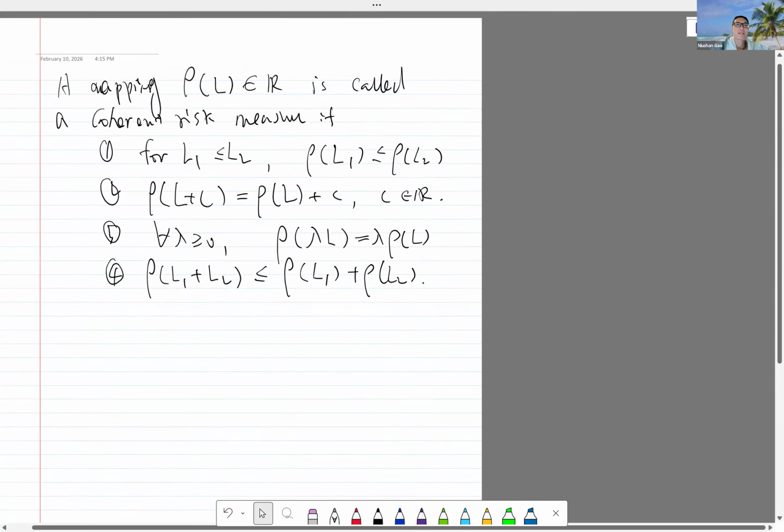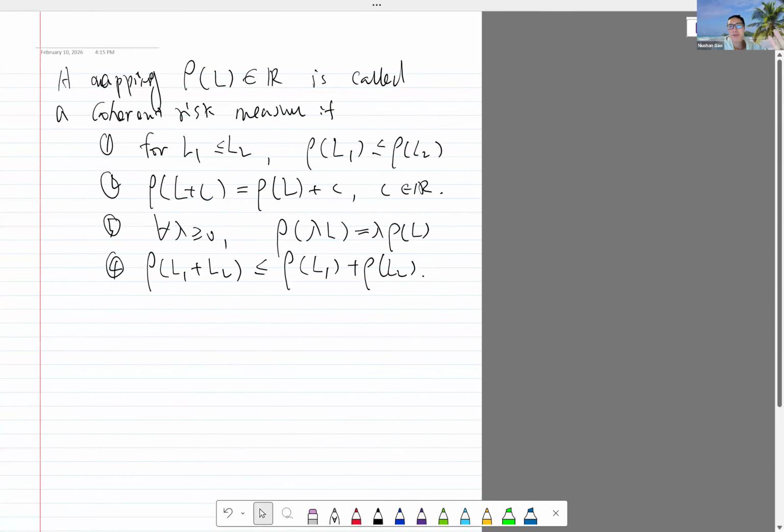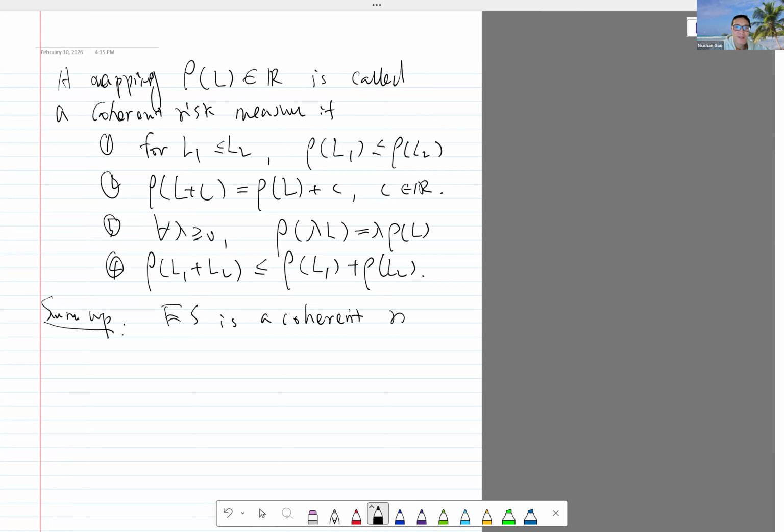Right? So if it satisfies these four properties, people love it. It's called a coherent risk measure. To sum up, by the previous arguments, we know expected shortfall is a coherent risk measure. It satisfies these four properties. Value at risk is not, because it fails subadditivity. It doesn't satisfy the fourth condition.